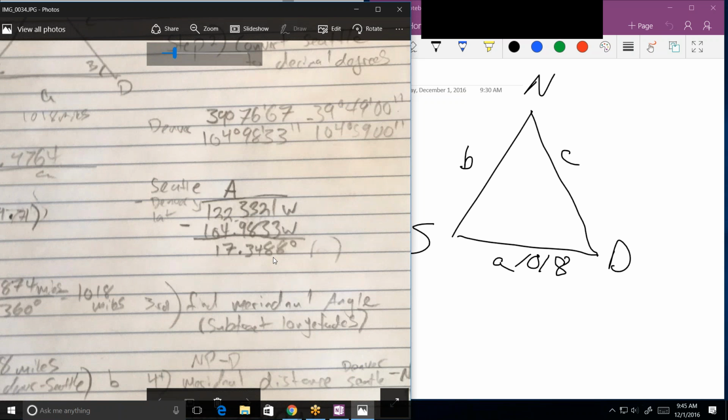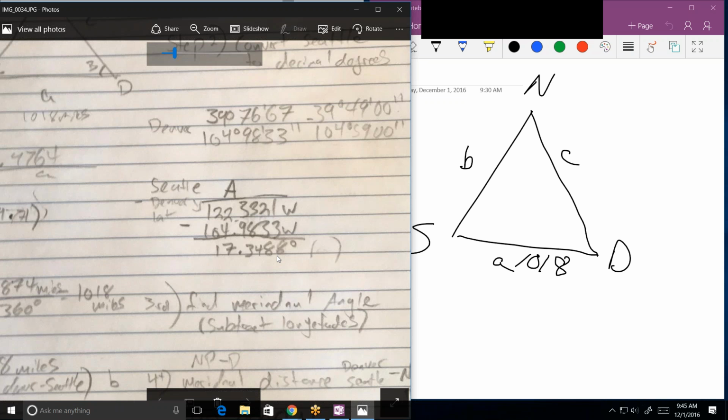Question is, if we knew what to do with the difference in latitudes, in other words, the difference in latitudes between Seattle and Denver is 17.3488 degrees. That should be easily converted to miles if you know the total latitude change.